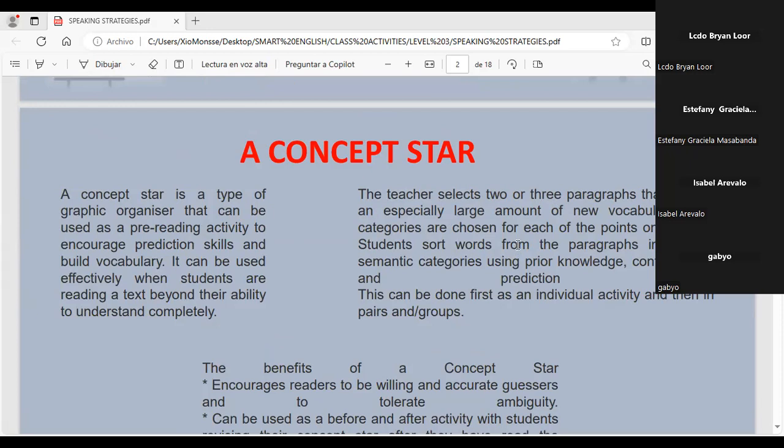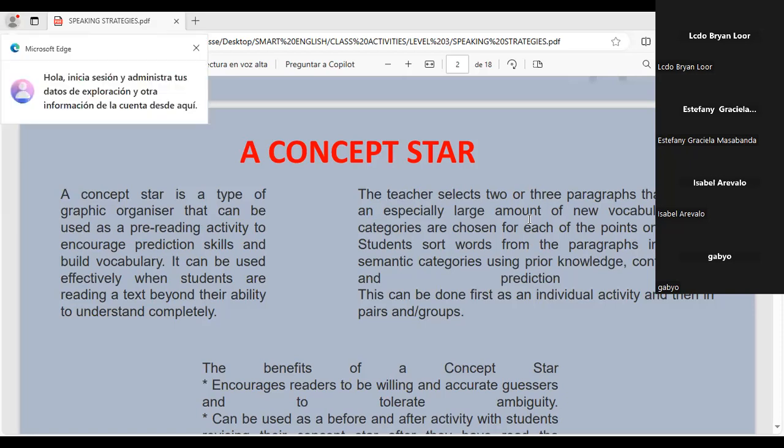For example, if the reading is about fruit or healthy fruit, you can have them categorize the vocabulary. Students sort words from the paragraph into semantic categories.